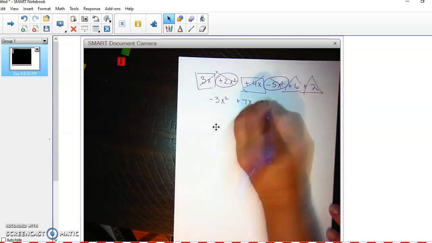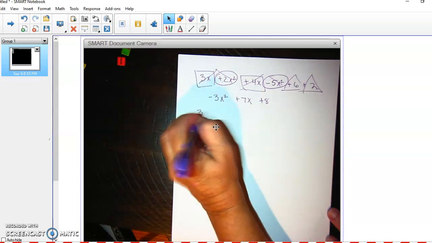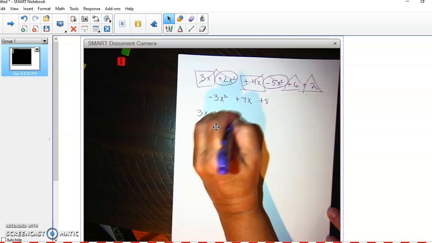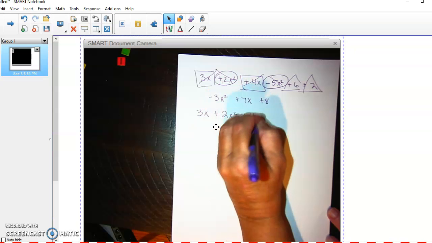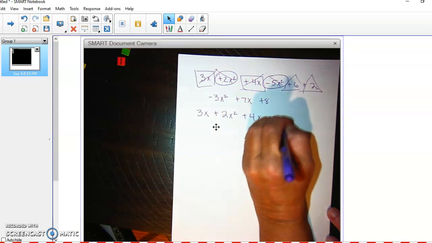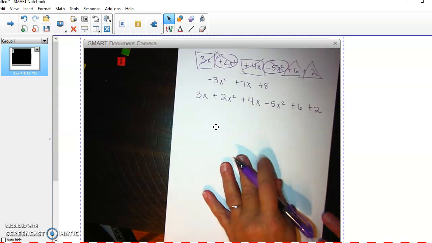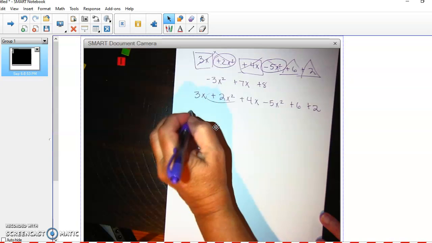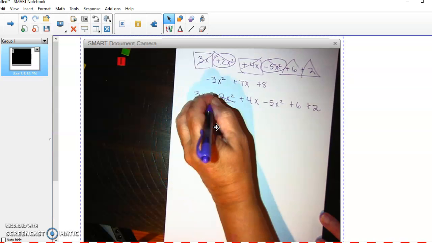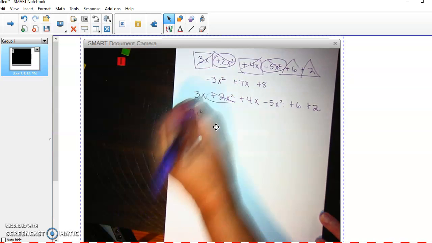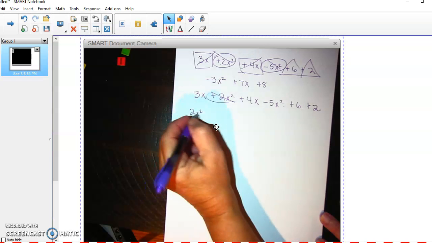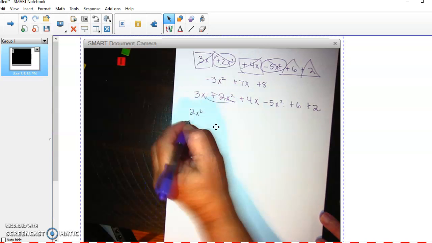And I have an 8. Let me show you the other method, and then I'm not going to show that method anymore. You can use either method you want. We're going to start with the highest, so I have a 2x squared. Let's do x squared again, so that goes under here.